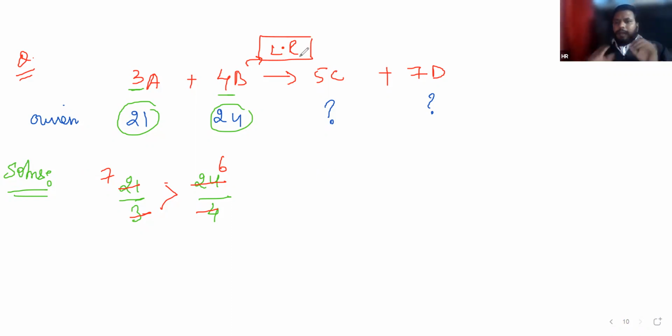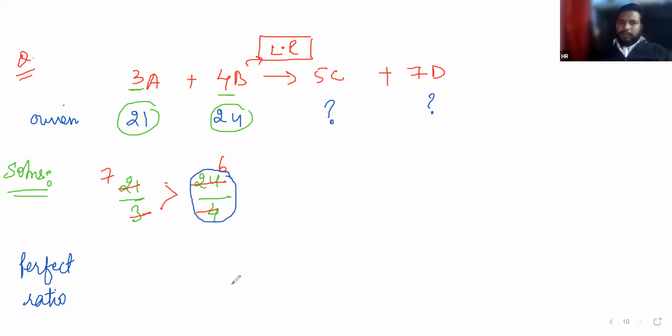Now the reaction will proceed according to the limiting reagent. Now we are going to take the perfect ratio. The limiting reagent ratio will be the earlier one, 24 by 4, but A is in excess, so we won't take its given ratio, because in excess there will be some unreacted reactant.